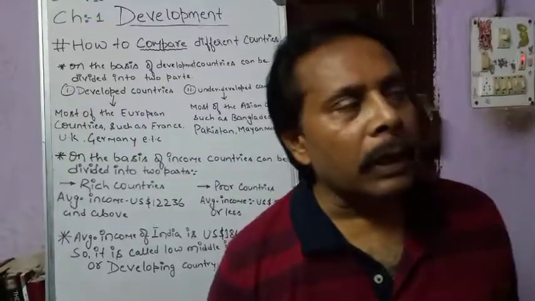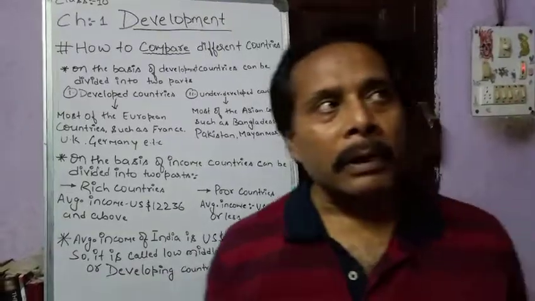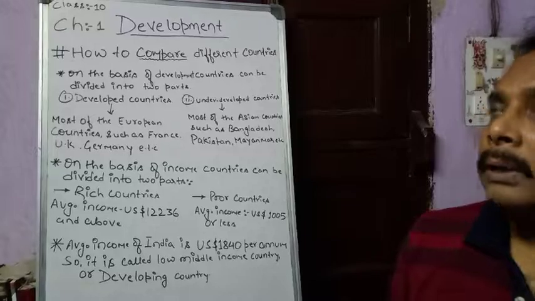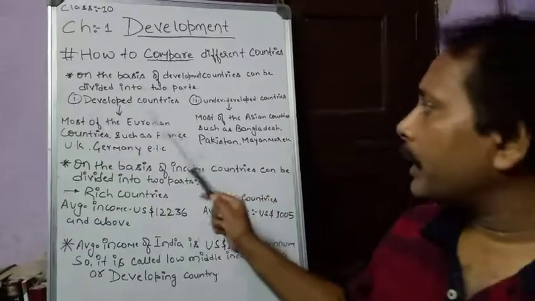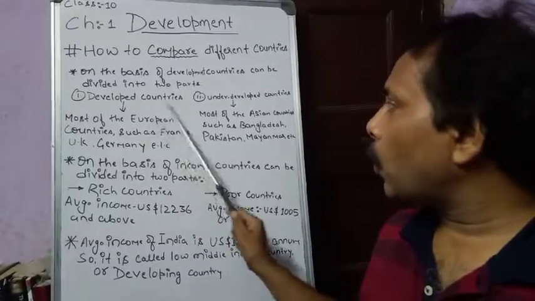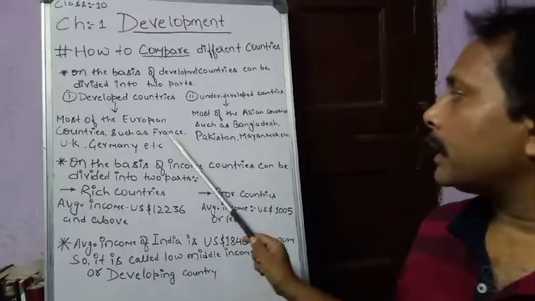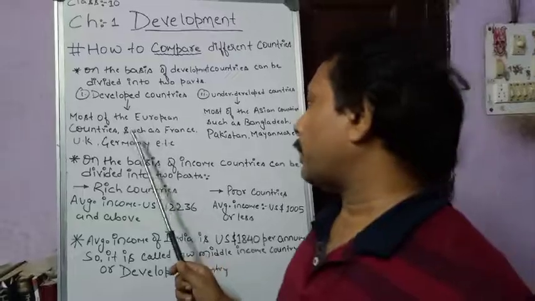In this world there are a number of countries. Some of the countries are considered developed countries and some are known as underdeveloped countries. The countries which lie in Europe are known as European countries, such as France, UK, Germany, Spain, Netherlands and so on.